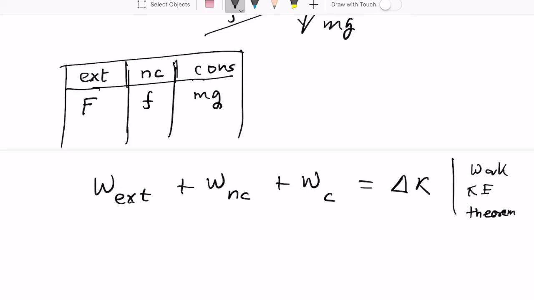All right. Now let's use the fact that W_C is equal to minus delta U. So let's try to bring in potential energy, right?